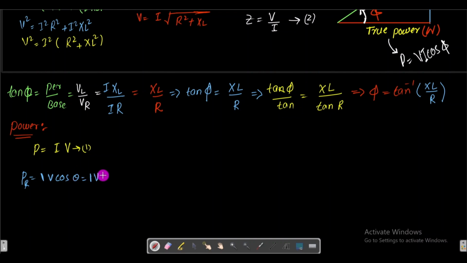Therefore this angle will be 0, because the current and voltage are in phase with each other in the case of the resistor.